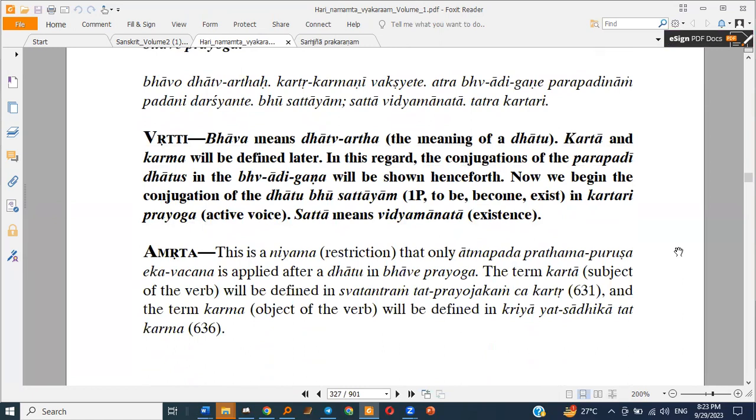Okay. Now, Jiva Goswami will begin the declensions.